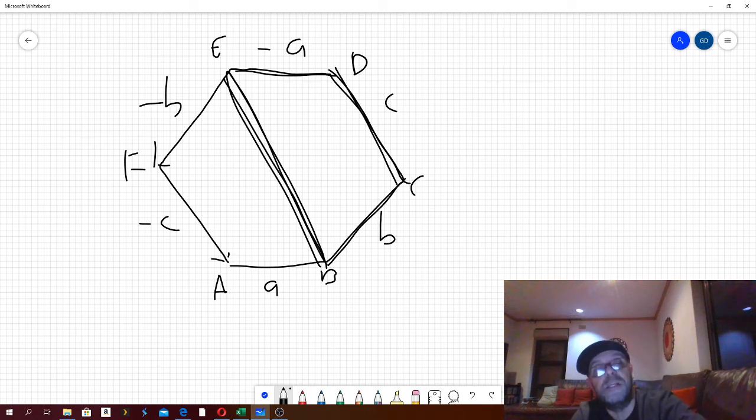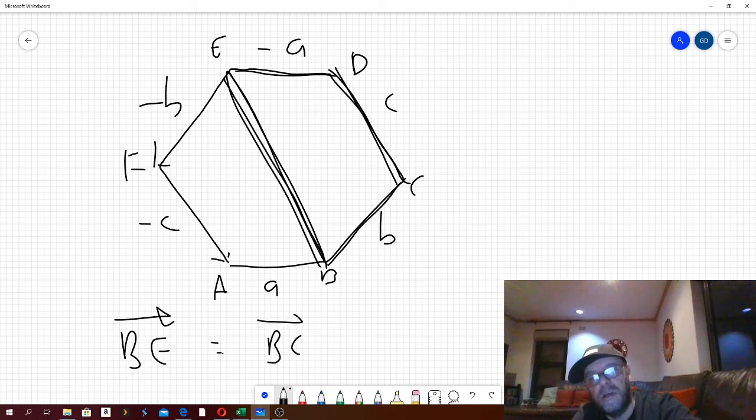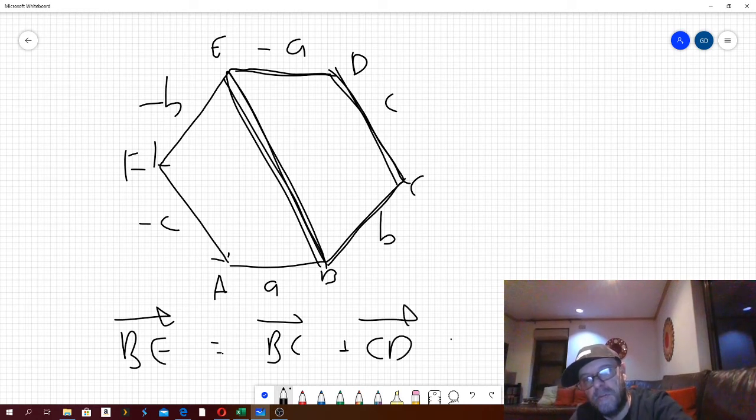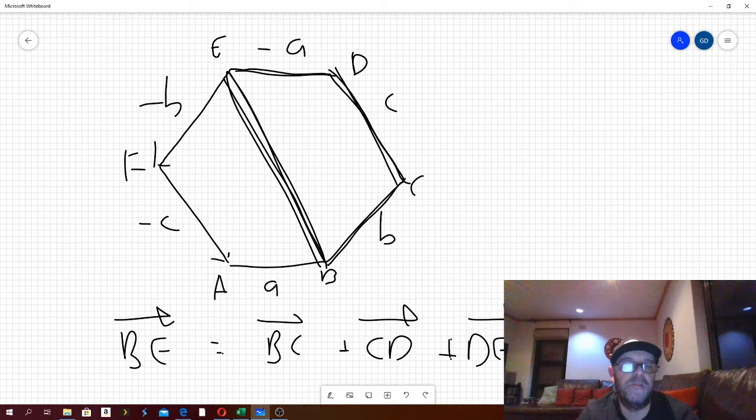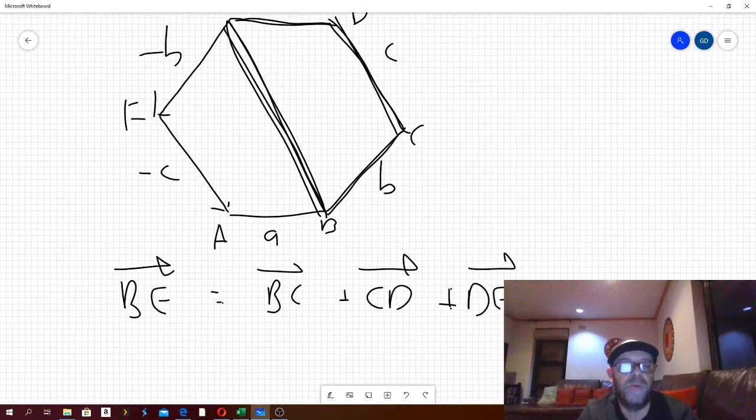So one of the things we can say is that the vector from B to E is the same as going from B to C, and then from C to D, and then from D to E. And we know that each of those vectors were already given to us, so these are not vectors that we have to work out.